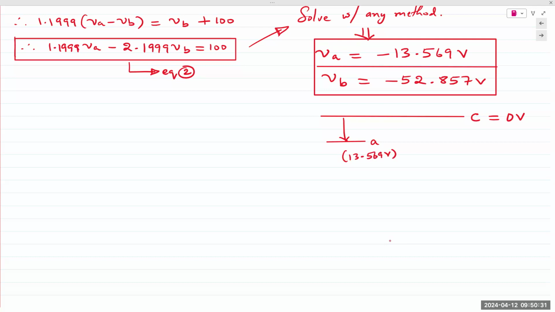The graph automatically shows me that A is below C. Mathematically, if I'm writing the value, I would put a minus sign to indicate the lower level. And then this is B, and this has a value of 52.857 volts. That's what it means.